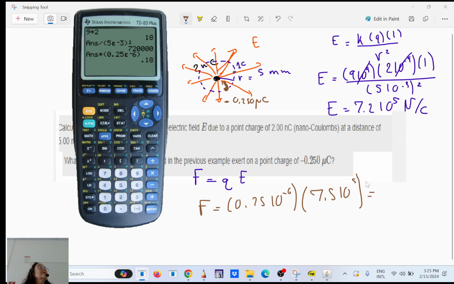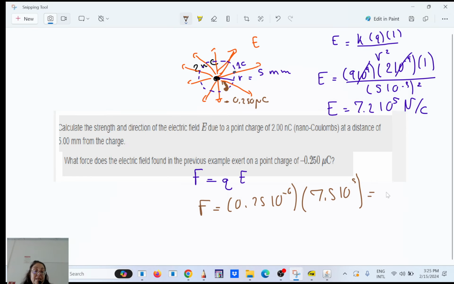Did you get 0.18? 0.18 Newton. And if it's placed here, it's going to accelerate.